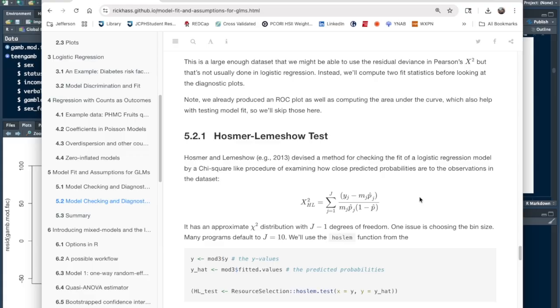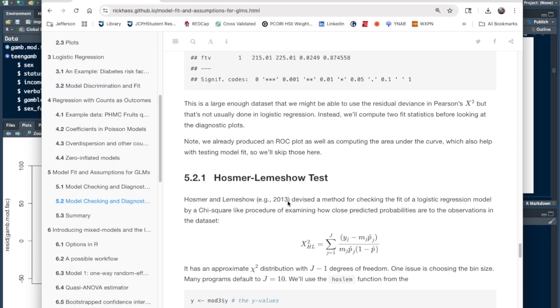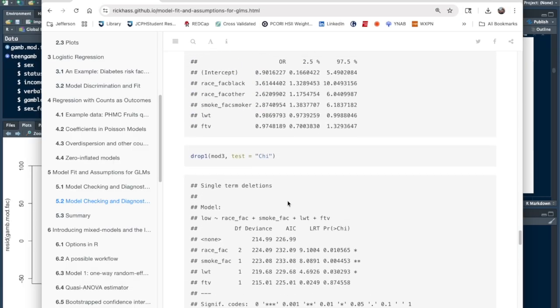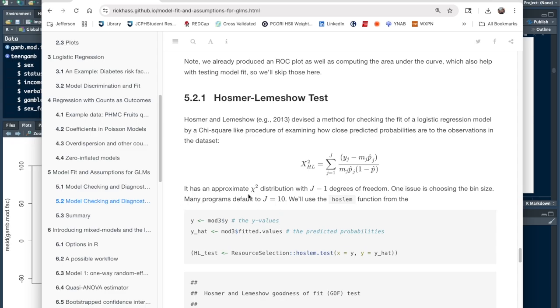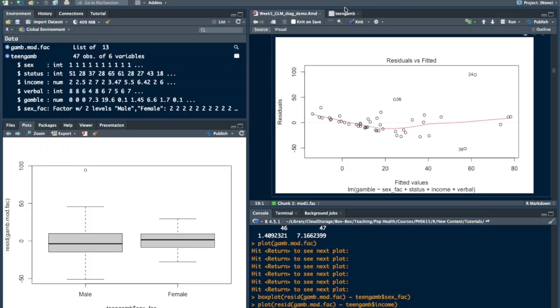And the test is basically asking how good is the fit of the predicted probabilities of those 10 groups to the actual proportion of ones in that group, right? In this data set, a 1 is a baby with low birth weight. So let's take a look at this just so you can see the machinery of it.